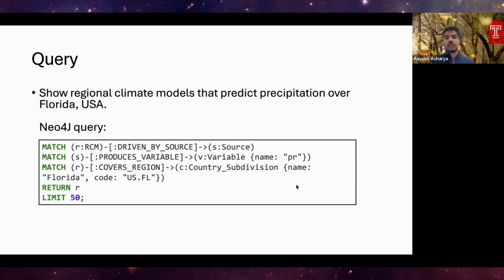RCM is a regional climate model, source is a global climate model, and you can look at the ontology and see which entity labels are connected with what, and through that you can find relation names. This is a standard Neo4j query, which is, in my opinion, more human readable for some. This is a standard query to get regional climate models.